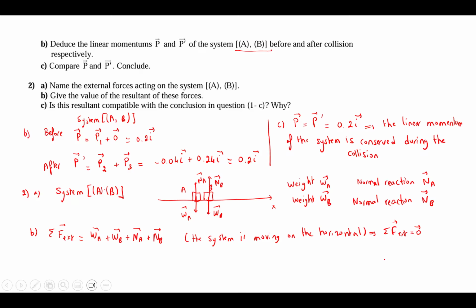Now, we continue. Is this resultant compatible with the conclusion in question number 1C? In question 1C, we said that the linear momentum is conserved. How do you know if it's compatible or not? We know that the sum of the external forces is equal to dp over dt, by Newton's second law.